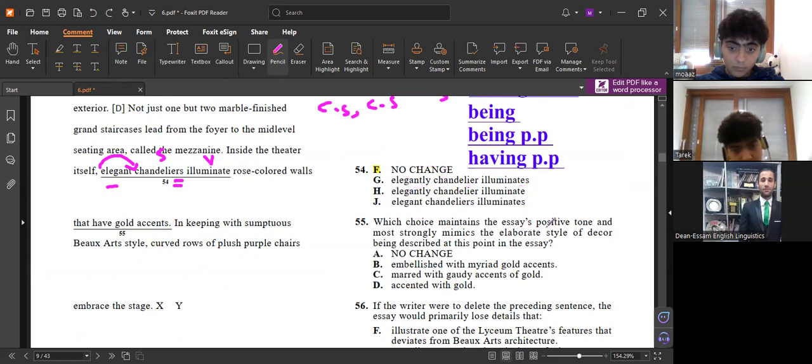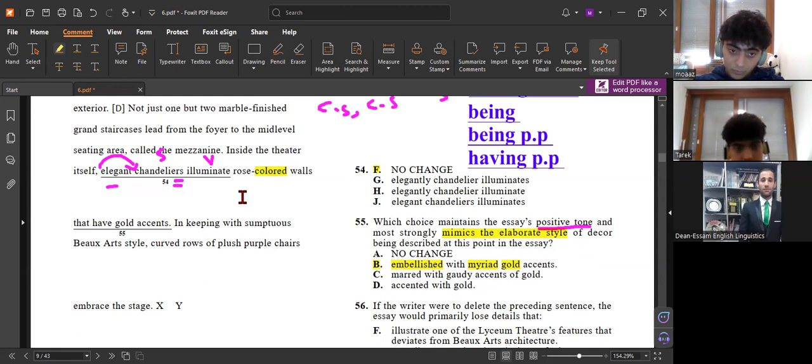Now the test maker will test you again on the same sentence for something else. He said here "eliminates", a positive tone, so you need a positive tone, and "mimics the elaborate style of the decor". So which one could be it? Must be letter B. But why? Number one, he said here embellished, myriad, gold, related to the rose-colored walls.